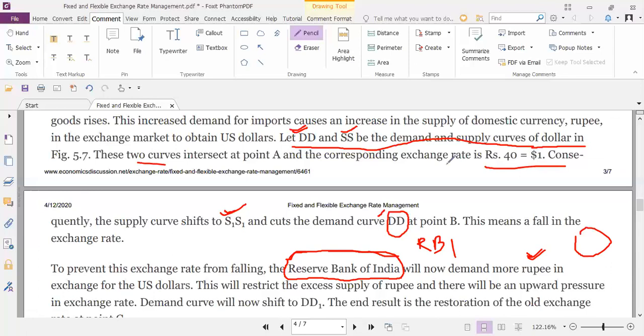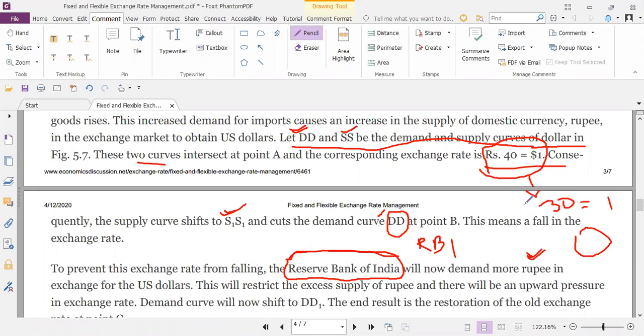To give you an example, initially the exchange rate was 40 rupees equal to $1. Now after falling, say you have 30 rupees per $1. You can see this in the graph.